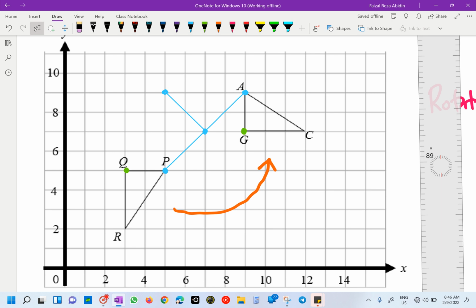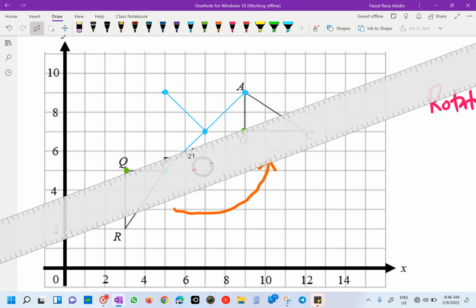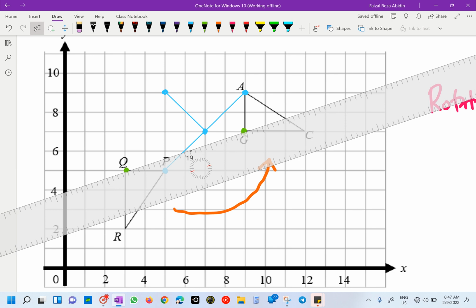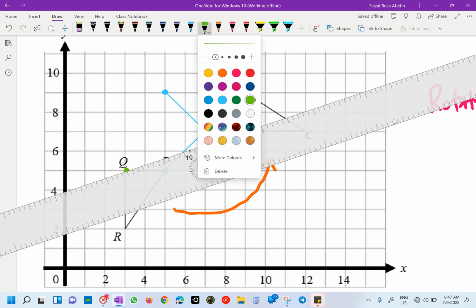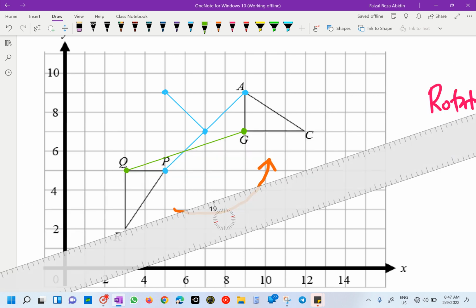Now, I want to clarify with the other points there, which are G and Q. Okay, now I'm going to take the G and Q here. Please find for me how many boxes there are for G and Q here. Yes, you are going to get 6 there. 1, 2, 3, 4, 5, 6. So 6 divided by 2, 3. So 1, 2, 3. Here 3.